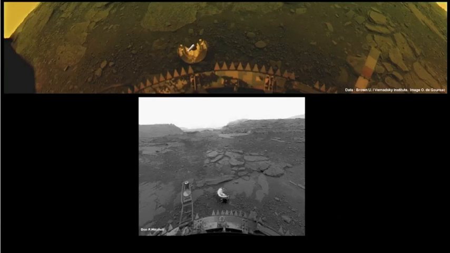It snapped a picture and then it promptly died, because the landers don't live very long because of this insane pressure and sulfuric acid. So you can see the atmosphere here. It's taken with a very wide angle lens, so things look a little bit distorted here. But they had these things in here so they can tell what real colors they are. And I think it's really cool. You can see pieces from the robot here. It landed, took a picture, sent it to Earth, and then died.